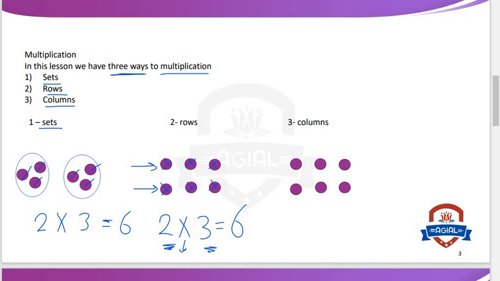Okay, number 3, columns. You know columns go from up to down. So we have how many columns? Who can say? Super, we have 3 columns. Multiply. How many dots in each column? 1, 2. So we will write 2. 3 multiply 2.